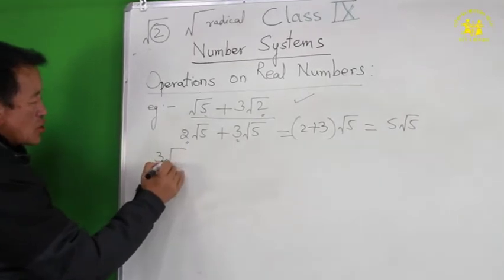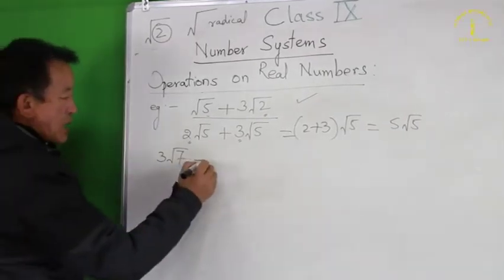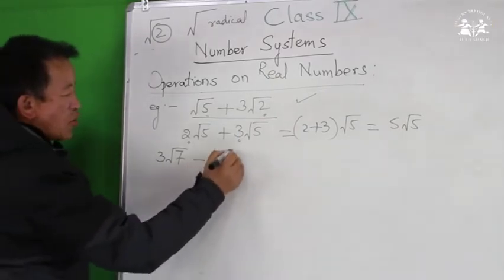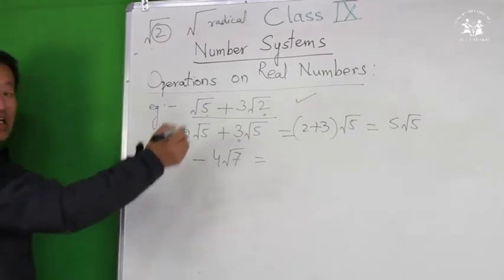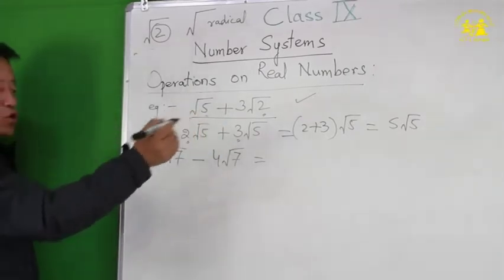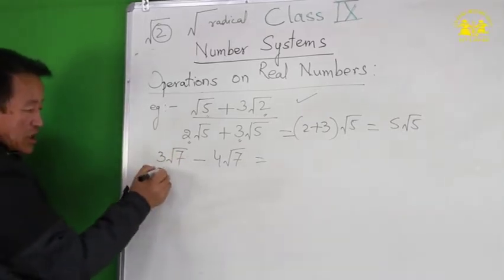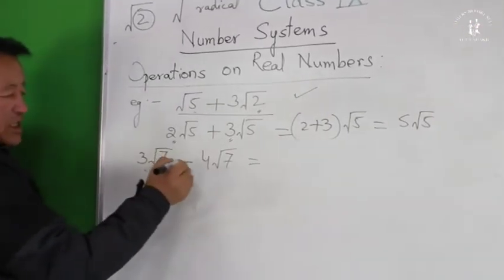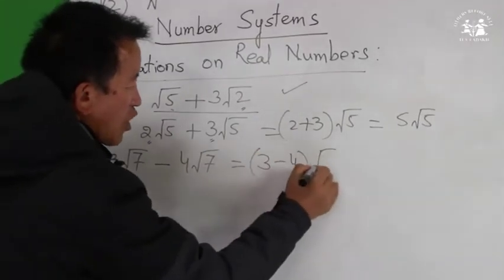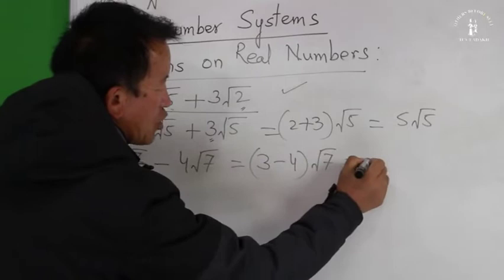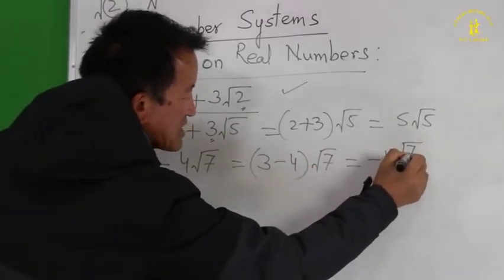3 square root of 7 minus 4 square root of 7. The radical and radicand are the same, so we subtract the rational numbers: 3 minus 4, bracket, square root of 7, is equal to minus 1 square root of 7.